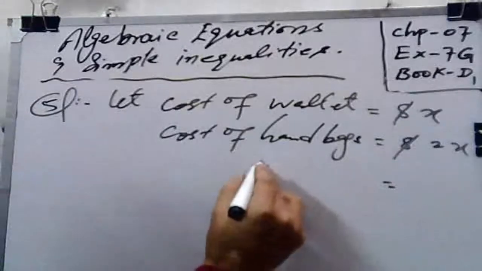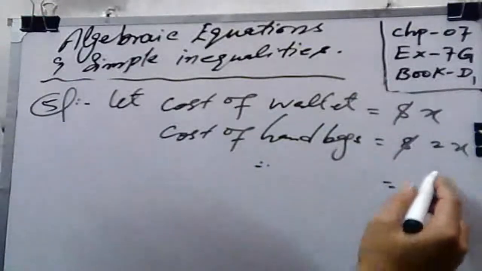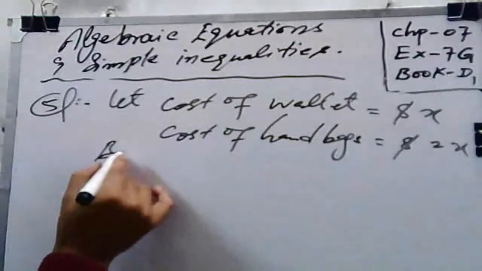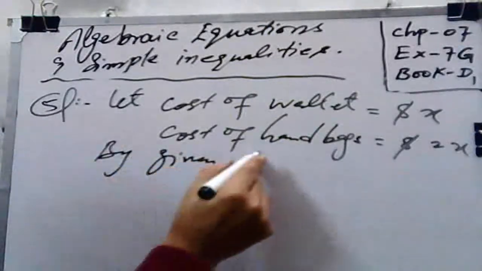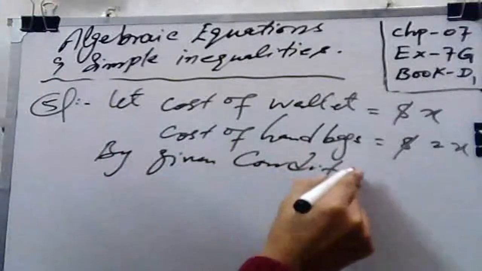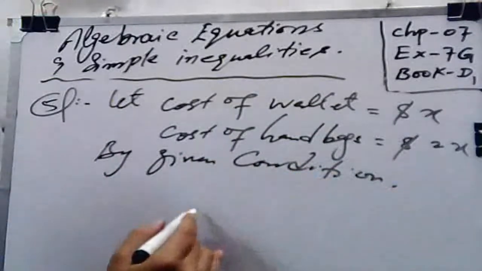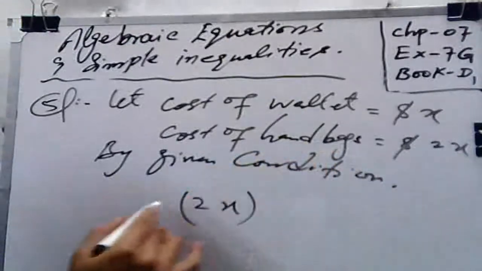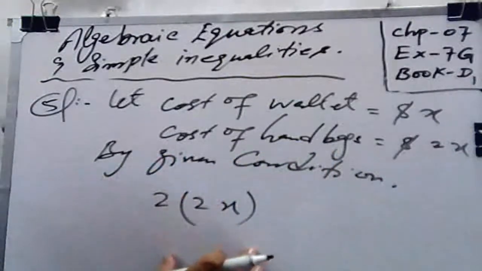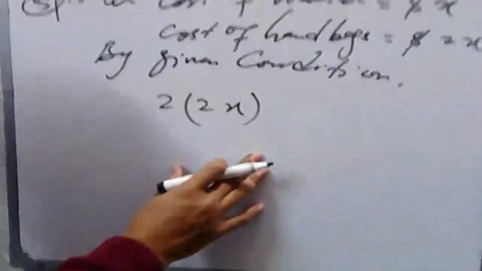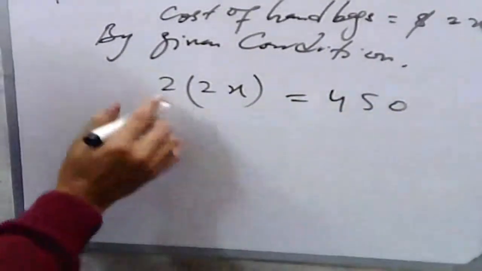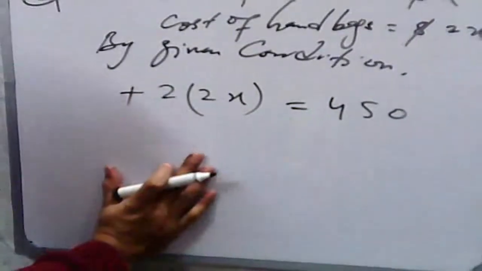So by the given condition, the cost of a handbag is 2 times that of a wallet. So we have to multiply this and it is equal to 450.